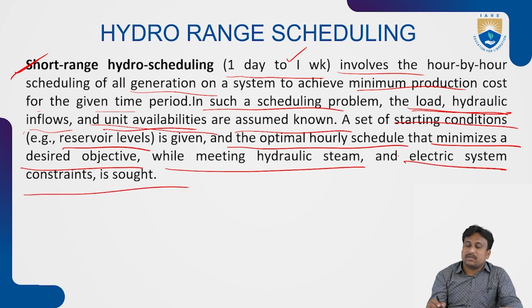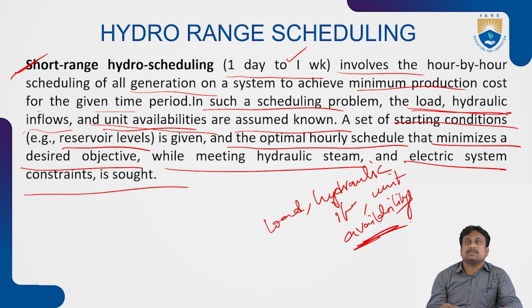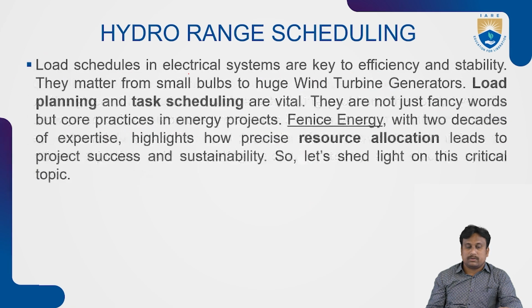So these are the main parameters we must consider: load assumption, hydraulic inflows, and unit availabilities, while making the short range hydro scheduling process.